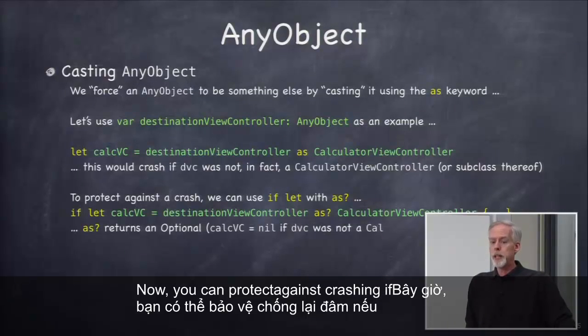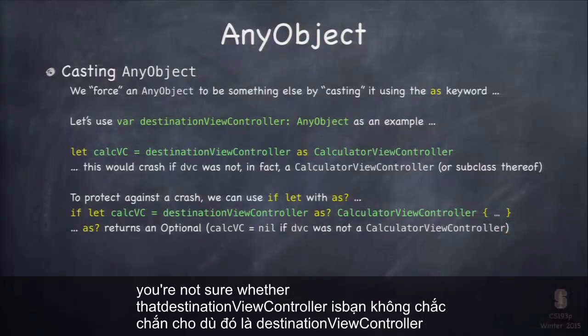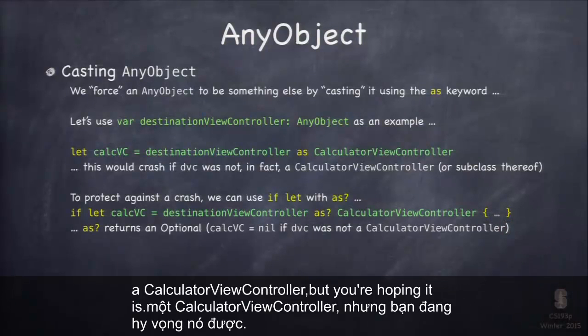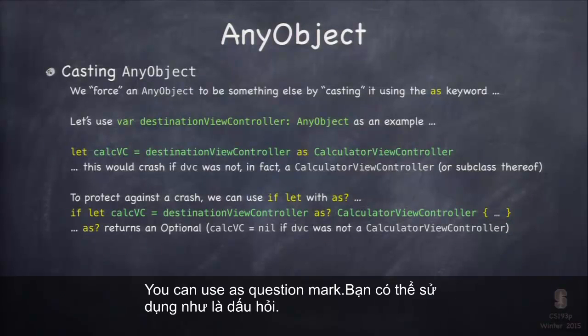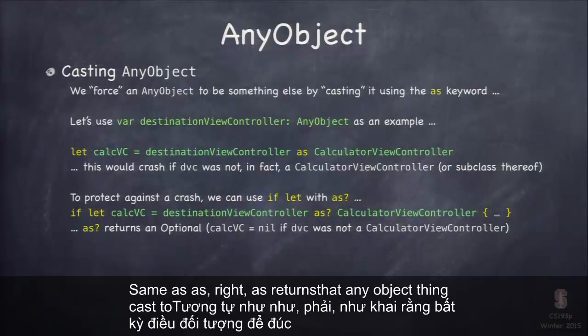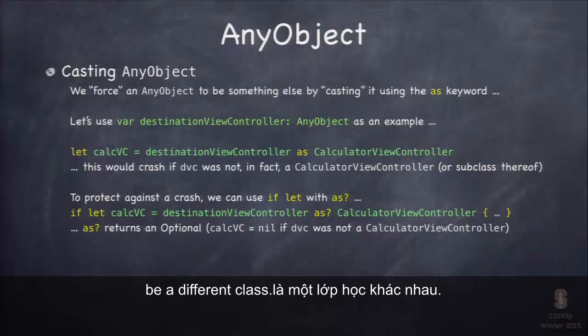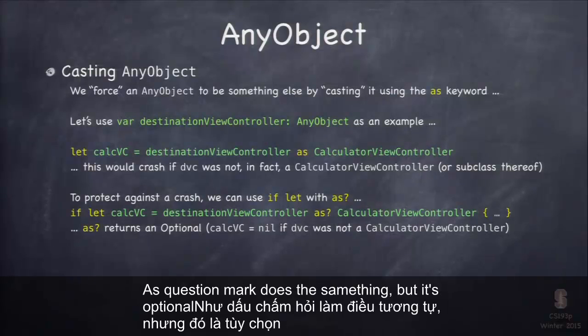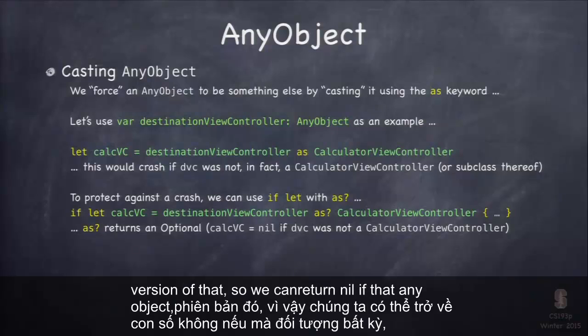Now, you can protect against crashing if you're not sure whether that destination view controller is a calculator view controller, but you're hoping it is, okay? You can use as question mark. And as question mark returns an optional. Same as as, right? As returns that any object thing cast to be a different class. As question mark does the same thing, but it's the optional version of that.